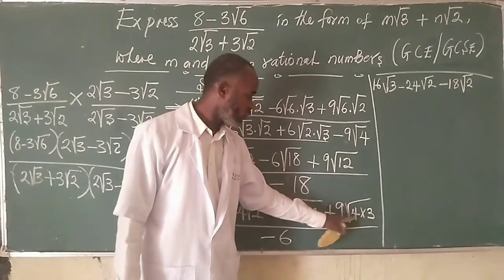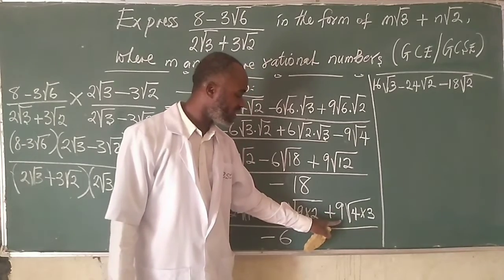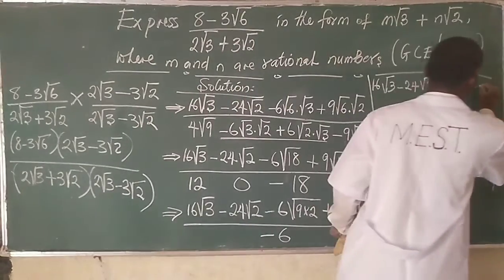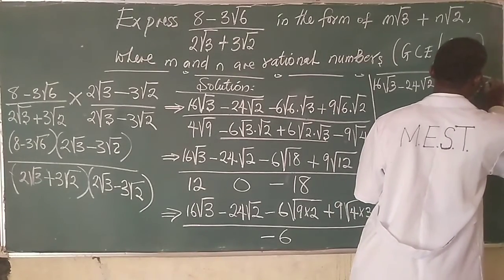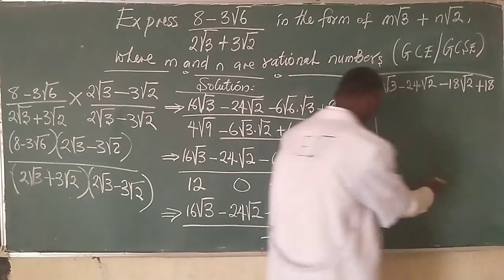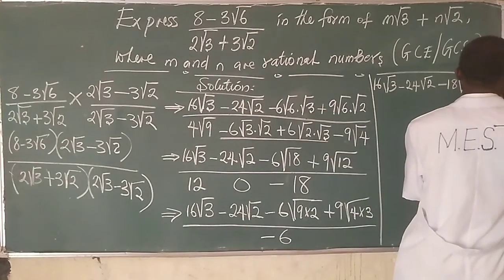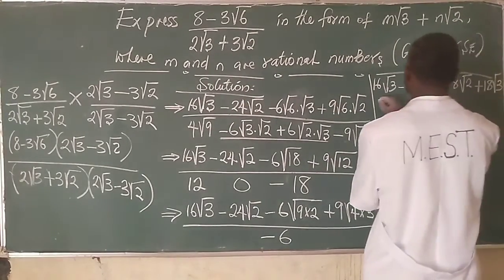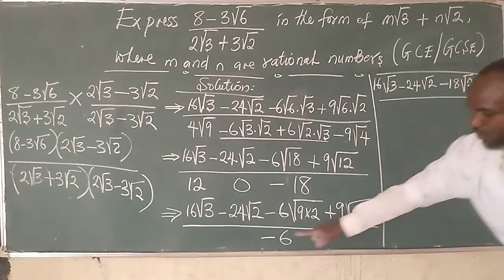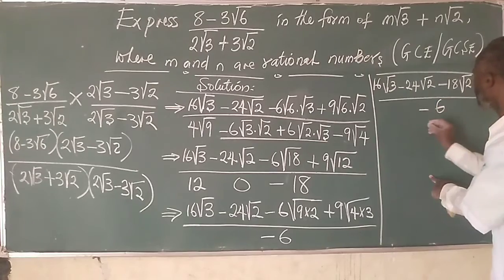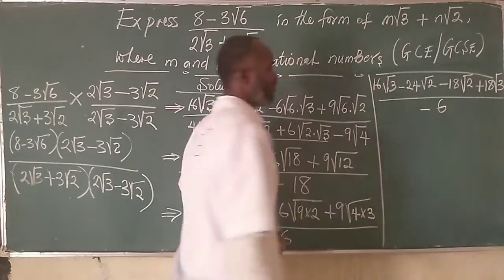Square root 4 is 2. 2 times 9 is also 18. Can you see that? Plus 18, and what remains inside is square root 3, all over minus 6. Okay. Have you seen?